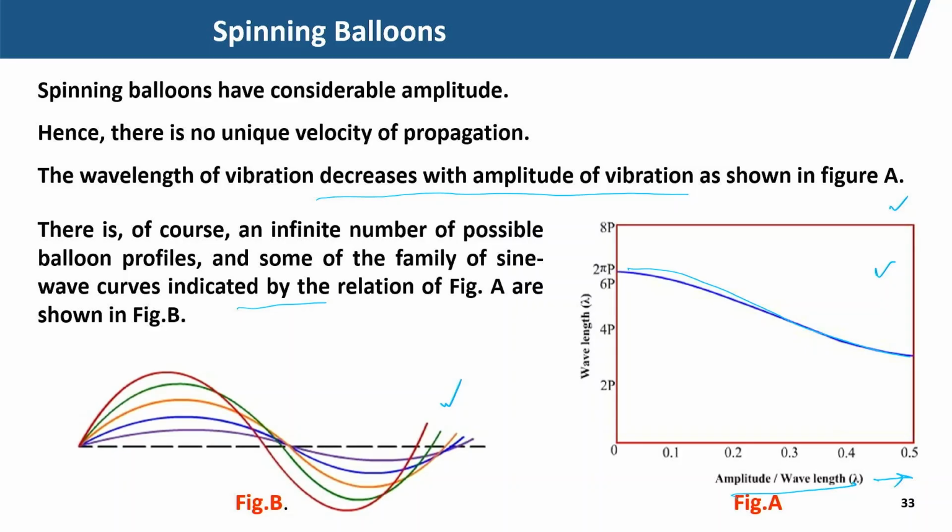Here the amplitude is lower. So, for the same wavelength the amplitude also changes, or even the wavelength also changes. That is why we can get this type of relationship for all these different families of sine waves. So, sine waves have different types.